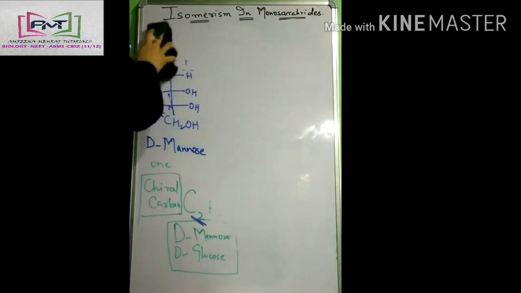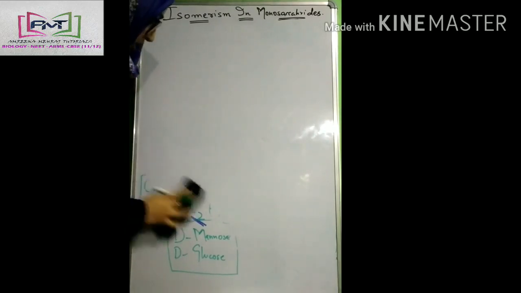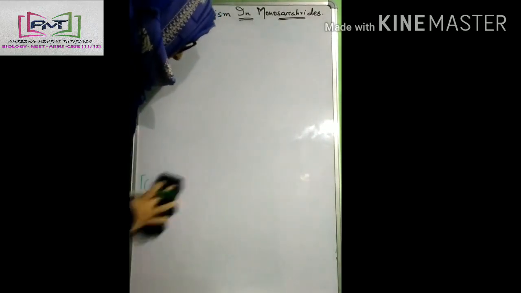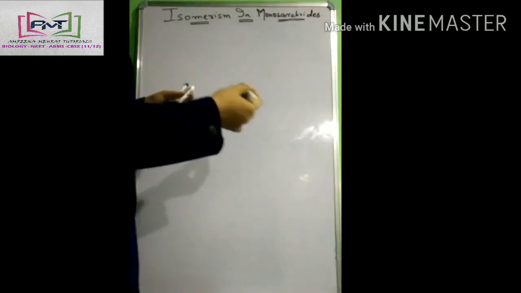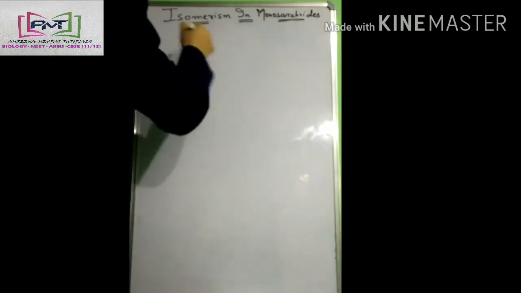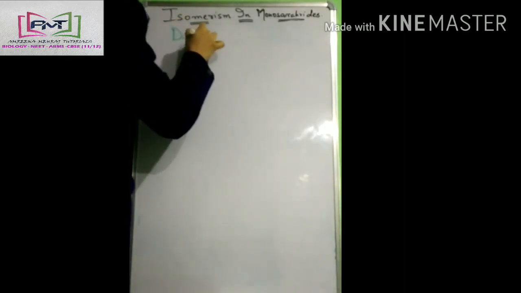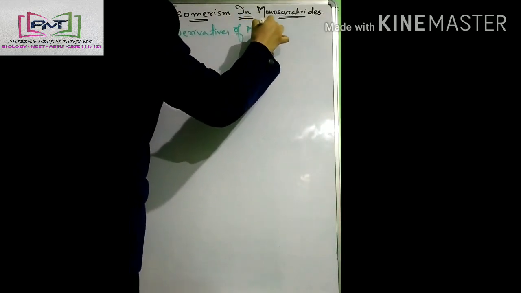I'll just be giving you an overview. I'll not be drawing their structures because that could be complicated for you. In higher classes you will see them, or in future if you ask for their structures, I will discuss that also. So let me give you an idea about derivatives of monosaccharides.